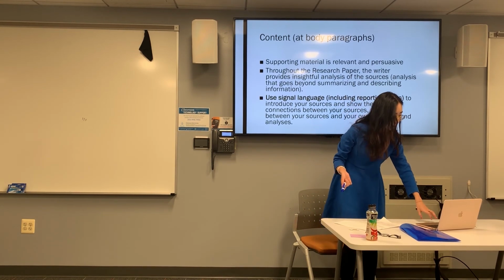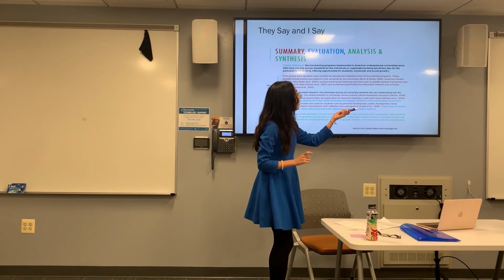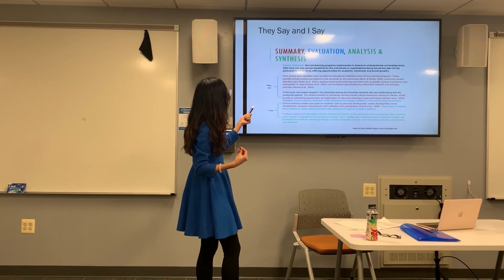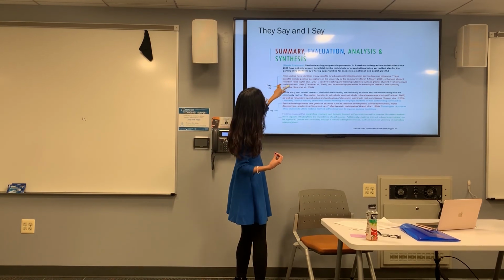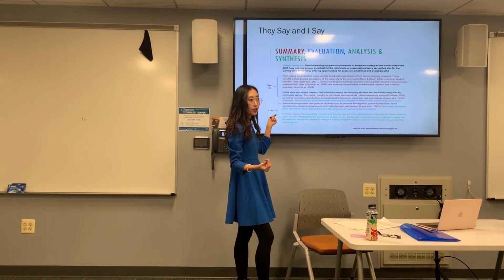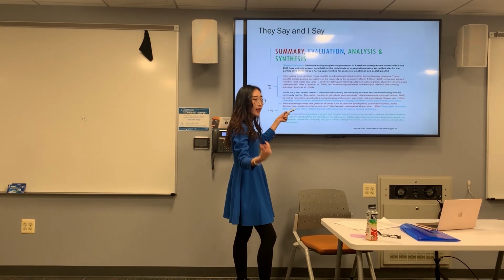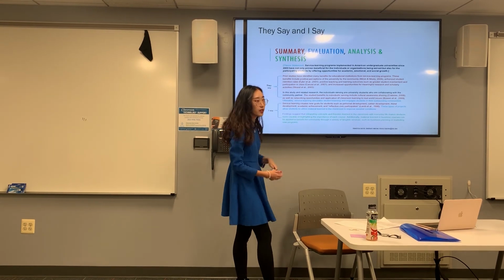And also the phrase bank will help you to do that. So for the body paragraph, it's just like they say and I say. So these are examples. You're citing sources here, and for the I say, you have to summarize it and analyze it in order to fit your thesis statement as well.